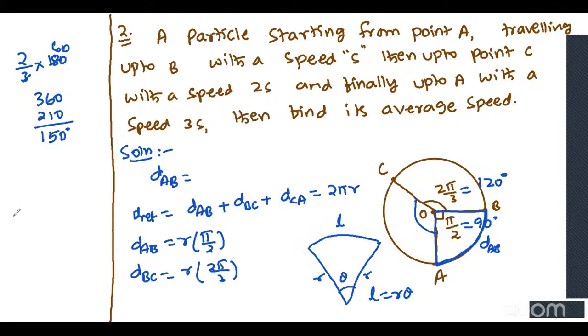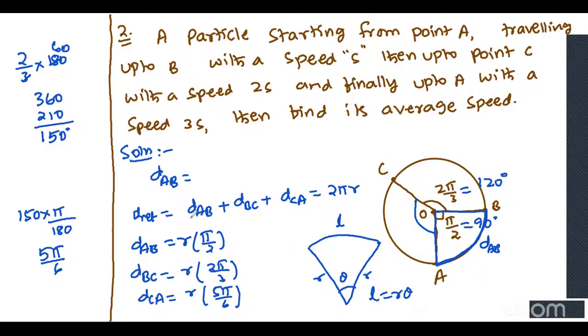So 150 degrees, convert into radians, multiply by pi by 180. So it is 5 pi by 6. Distance of CA is r times 5 pi by 6.